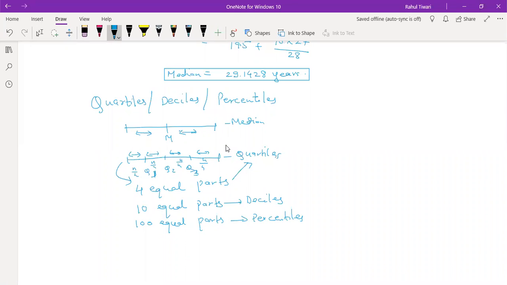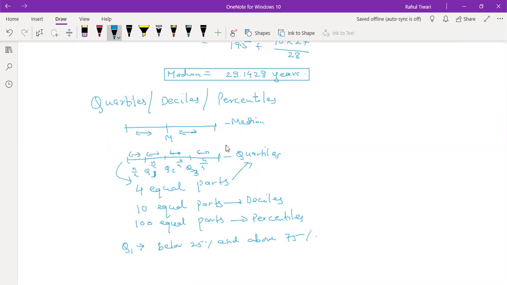What is the meaning of median? Your data is divided into 50% above, 50% below. Whenever I'm saying quartile 1, what does quartile 1 say? I have 25% of data below and 75% above.